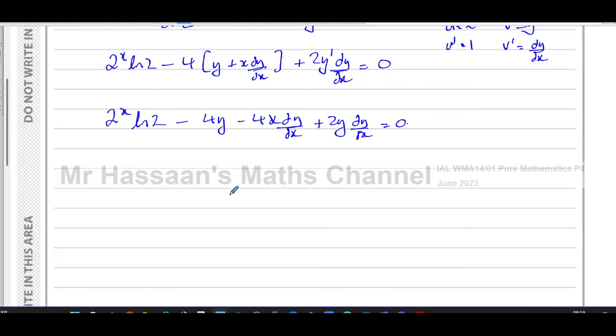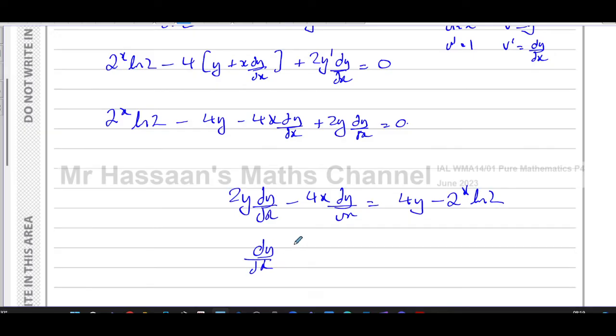So I'll write this as 2y dy/dx minus 4x dy/dx equals, if I add this to both sides, 4y minus 2 to the power of x ln 2. I can take dy/dx as a common factor of these two terms. So dy/dx times (2y minus 4x) equals 4y minus 2 to the power of x times ln 2.